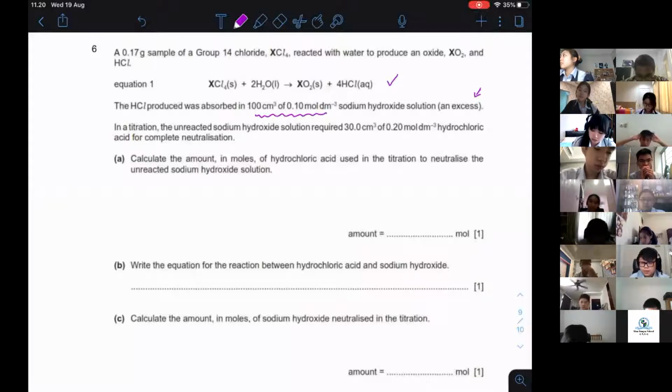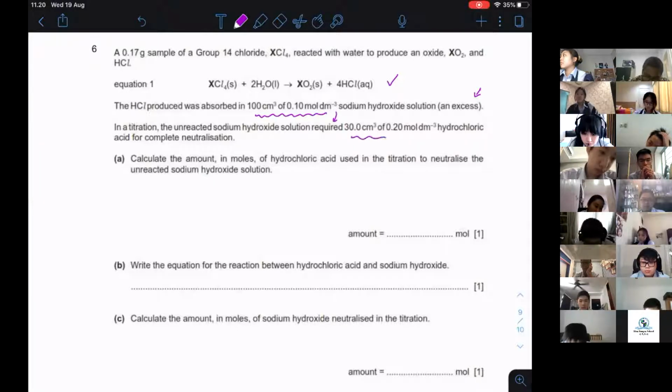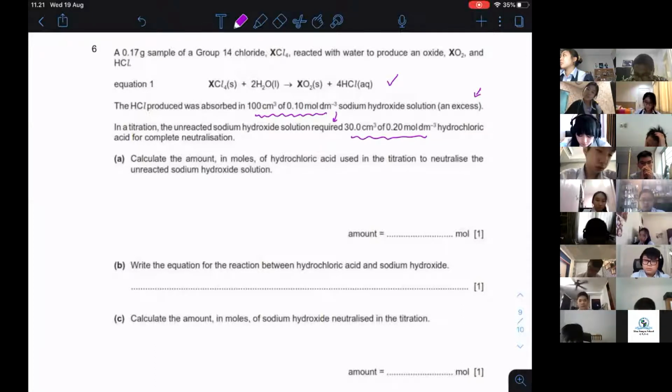Now, in the titration, the unreacted sodium hydroxide, which is the extra, will require this amount of hydrochloric acid for complete neutralization. So they ask you to calculate in number of moles hydrochloric acid. So we just follow the question.